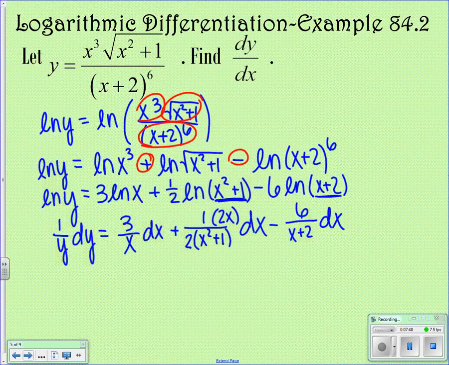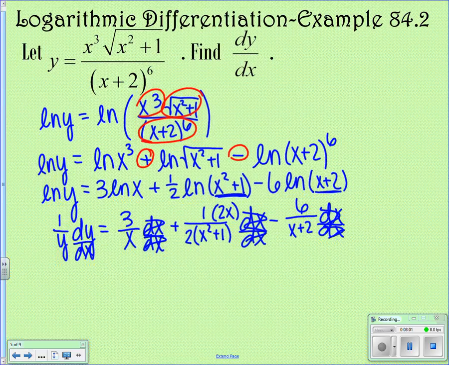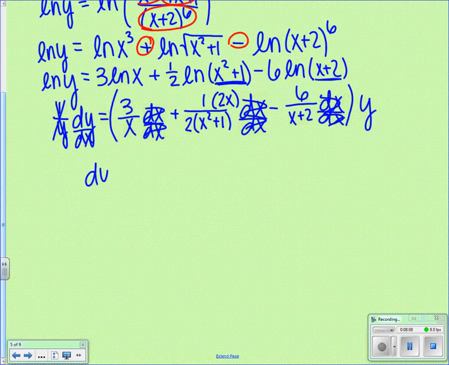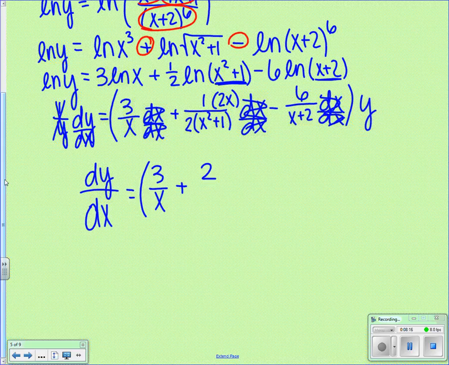So now we're going to solve for dy over dx. So we divide each term by dx. And then we also are going to have to multiply by y to get rid of this. So all of this over here is going to get multiplied by y. So we're going to have dy over dx equals 3 over x plus 2x over 2. Well, those two 2's will simplify, so we'll just have x over x squared plus 1.